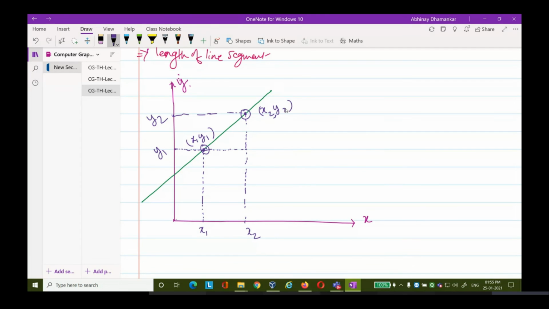If you join this one, we can say this is delta y. This much is called delta y, which means the difference in y, and this is called delta x. And this is the infinite line.